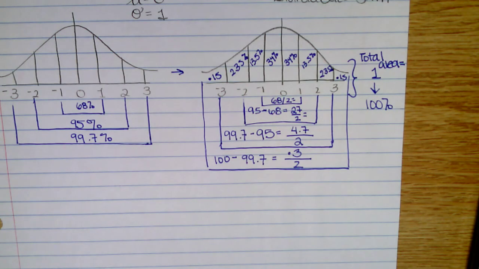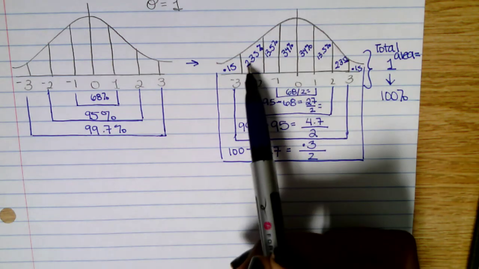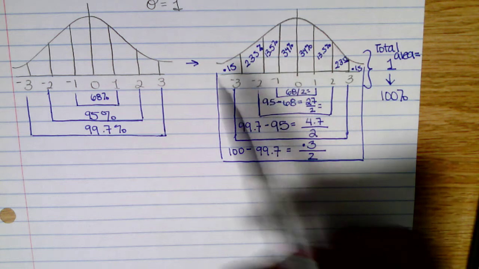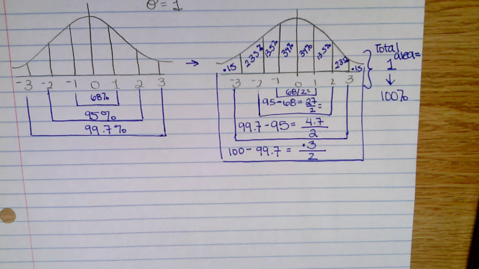Or excuse me, 0.15%. So that shows the breakdown of each and every one of the layers in the empirical rule.